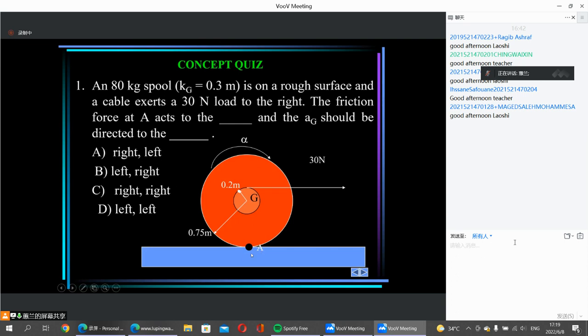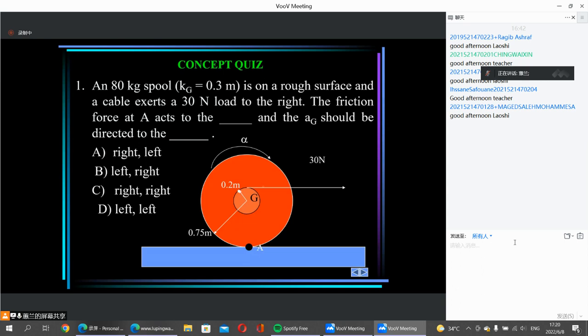So this time you need to judge the friction force and the sense of the friction force. Here, it's a little bit difficult. Why? Because we need to decide whether it's slipping or no slipping.